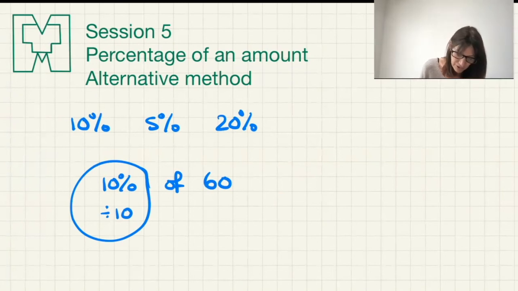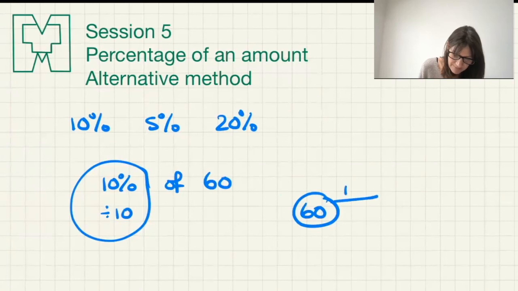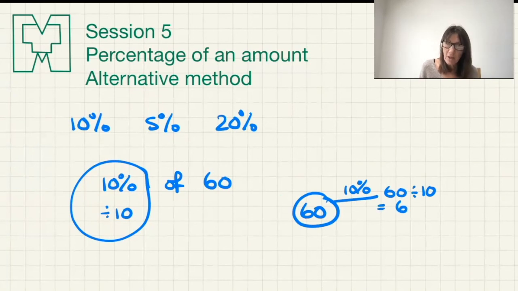So what I can do is I can say, and I'm going to write it like this. I've got 60. I want 10%. So I'm going to do 60 divided by 10, which equals 6. And that's the answer.